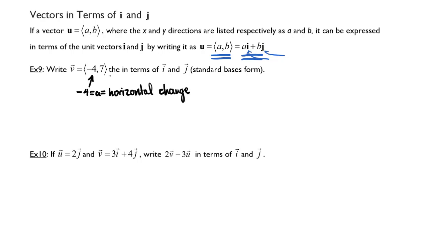And the 7 is like my vertical change. So if I want to describe this with respect to unit vectors, I will say -4 times the i vector plus 7 times the j vector. And this is the standard basis form.